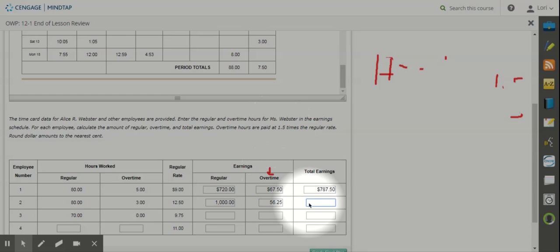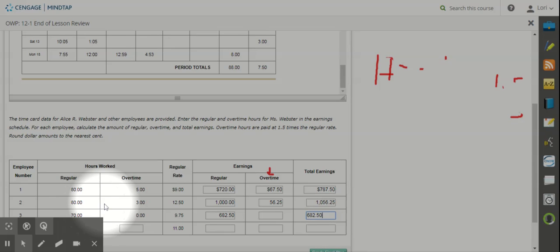And that gives us a total of 1,056.25. Now person 3, 70 times 9.75 gives them $682.50. It's 82.56. And now we're down to Alex's information.